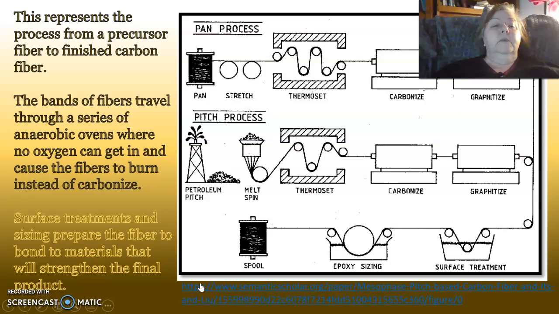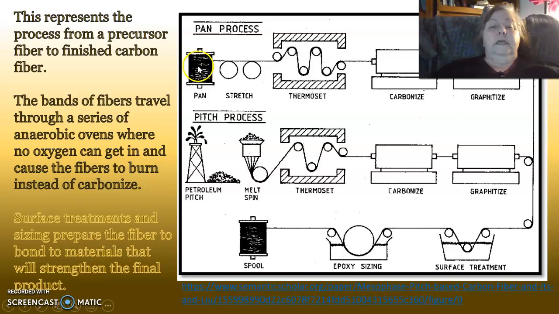This represents the process from a precursor fiber to finished carbon fiber. The bands of fibers travel through a series of anaerobic ovens where no oxygen can get in and cause the fibers to burn instead of carbonize. Surface treatments and sizing prepare the fiber to bond to materials that will strengthen the final product.